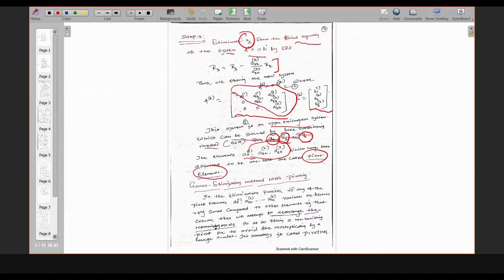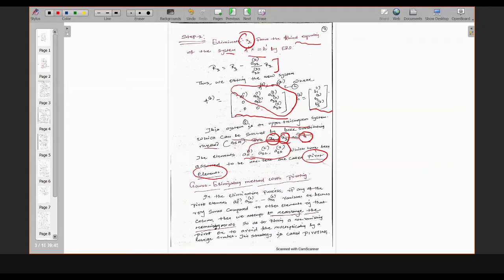If the pivot elements are 0, then you can apply the pivoting strategy. If the pivot elements are 0 or very small, that means you have to multiply by a large number to eliminate that variable from that equation.